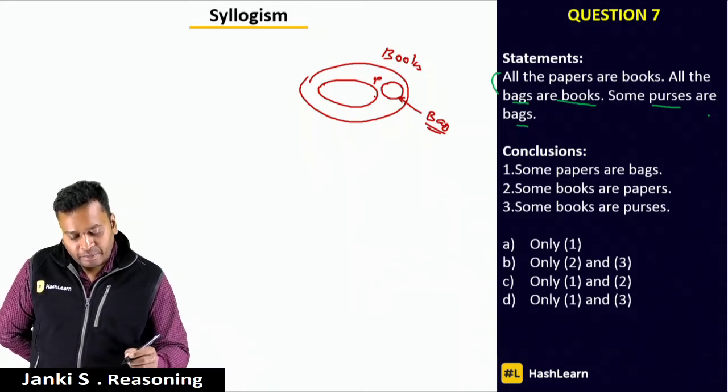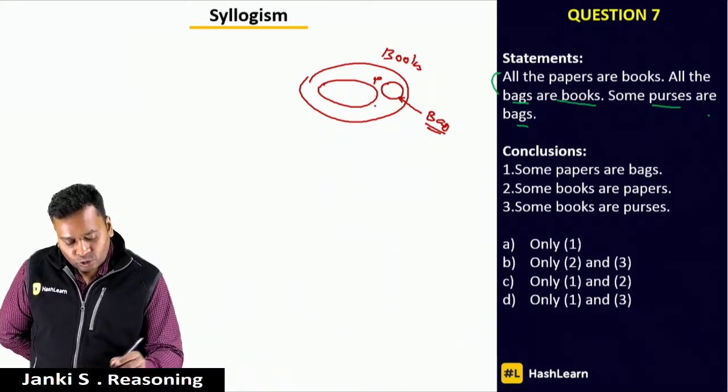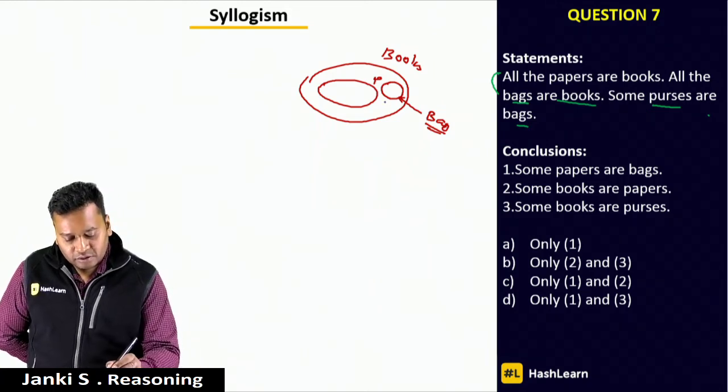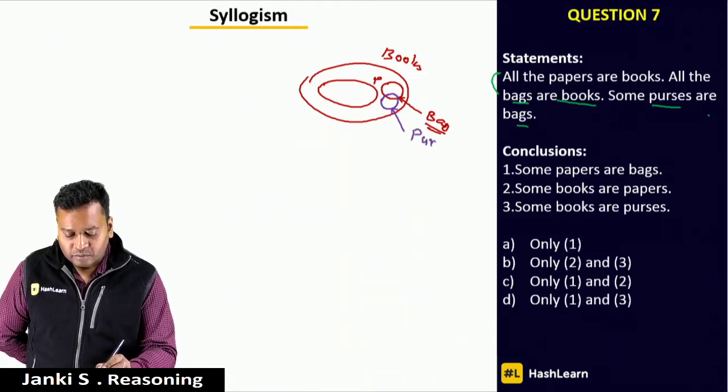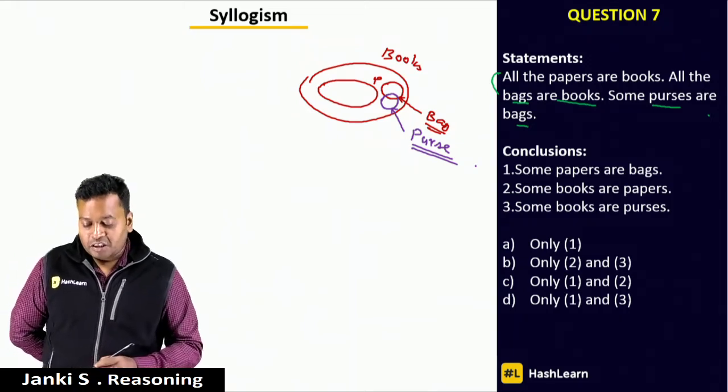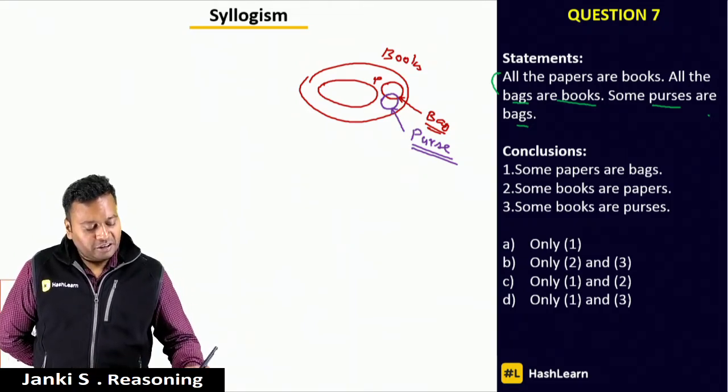And some purses are bags, so I'll mark purses with purple color, right? So some purses, this is purse, right? So this is purse. Now let's check what are the relations I can find out. Let's try to identify the relations here, right? So चलो देखा जाए.